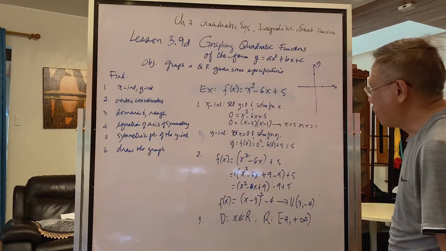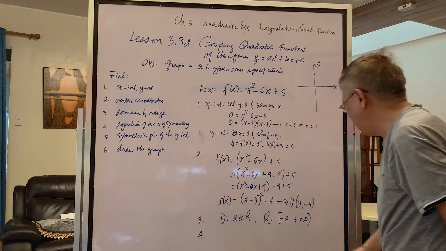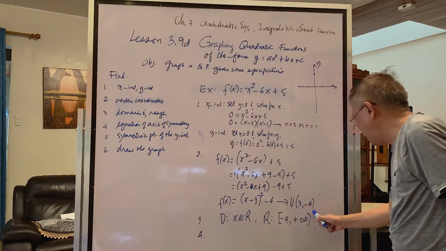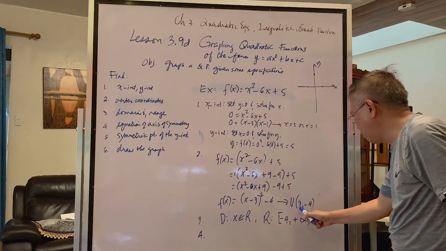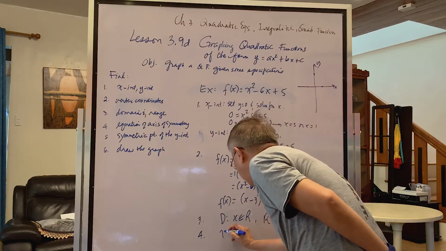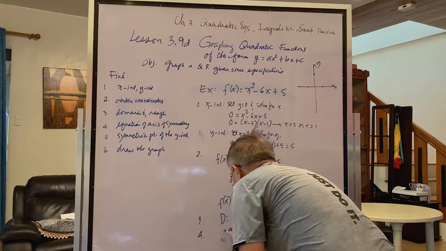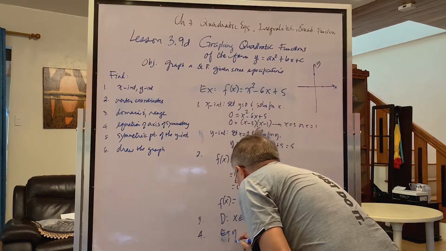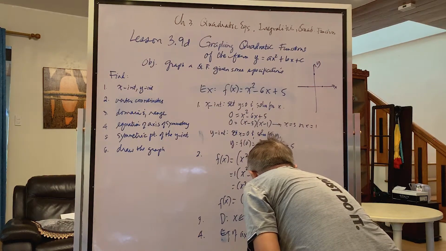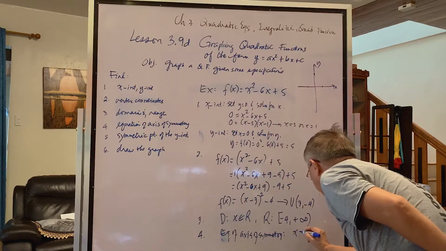Now, for the equation of the axis of symmetry, we said that it is derived from the coordinates of the vertex. That will be the x coordinate there. That will be the equation of the axis of symmetry. The equation of the axis of symmetry will be x equals 3.